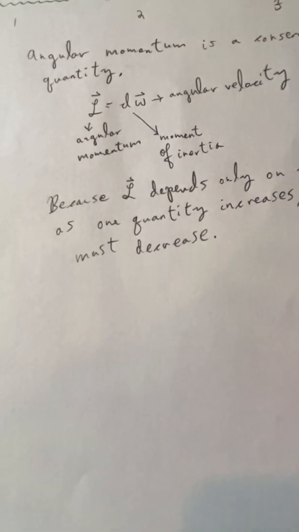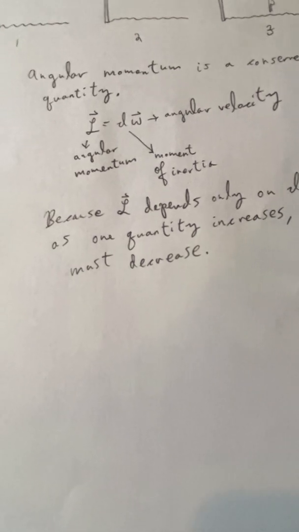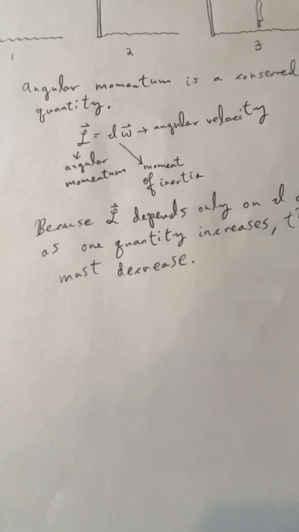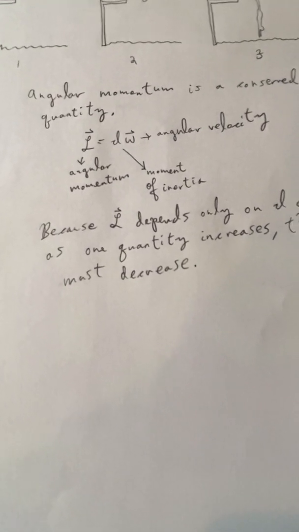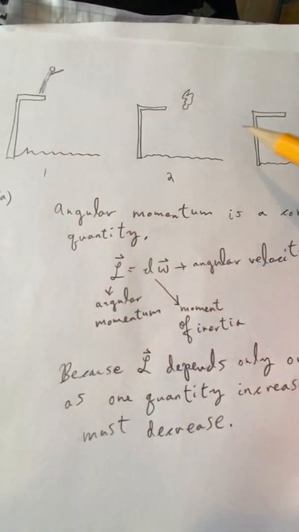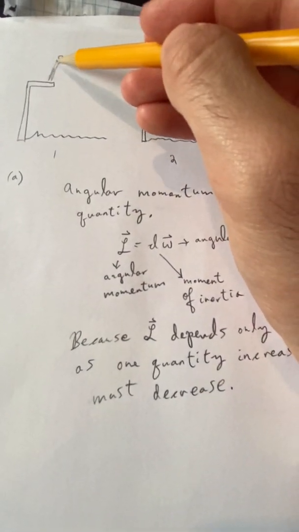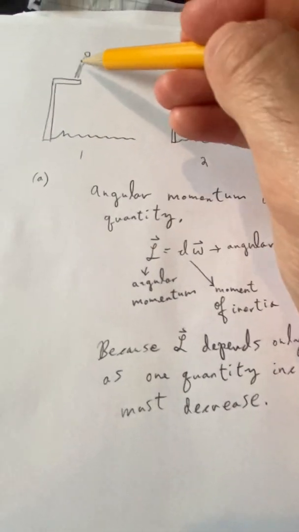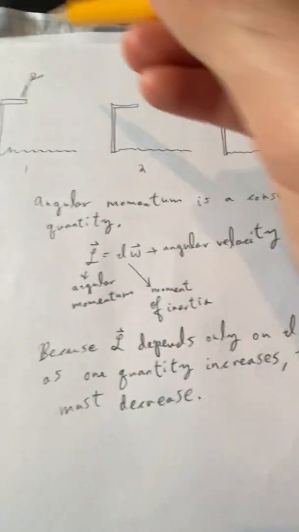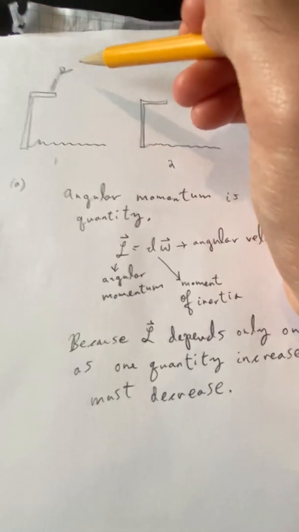What is moment of inertia? It is basically a measure of how spread out an object's mass is. If we look at the three positions that the diver takes, the diver's mass is spread out in the same way in figure 1 and in figure 3. The diver is stretched out as far as possible.